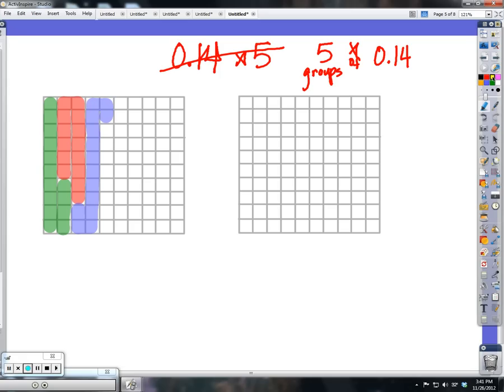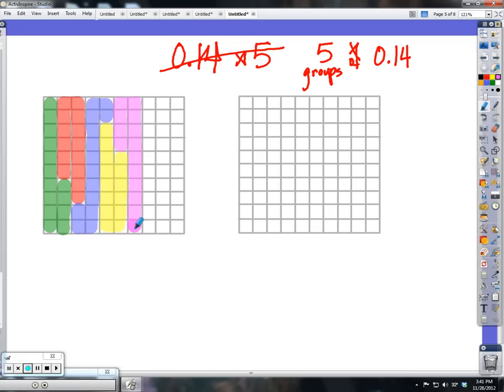Four groups, 1 to 14. And I need one more group, 1 to 14.